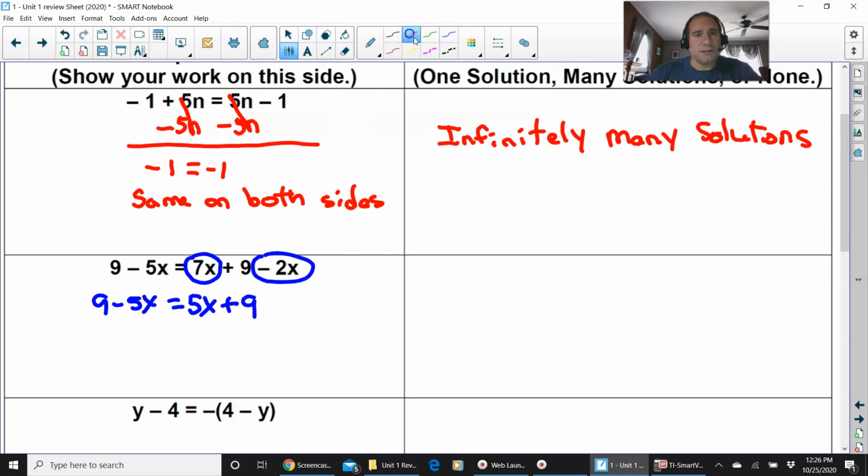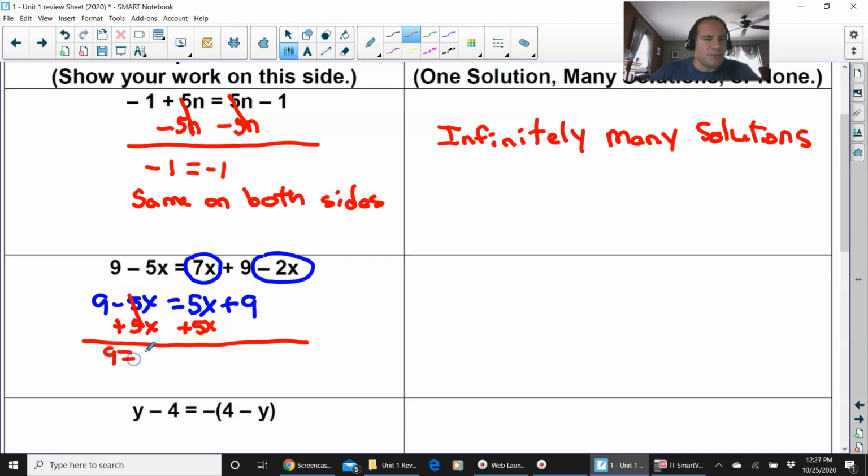Don't rush to judgment here. We have to get the x's together. So I'm going to get the smaller coefficient x over to the larger coefficient x. Okay, wait, this doesn't cancel, but this does.